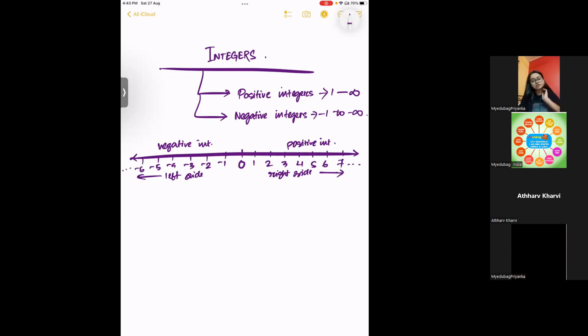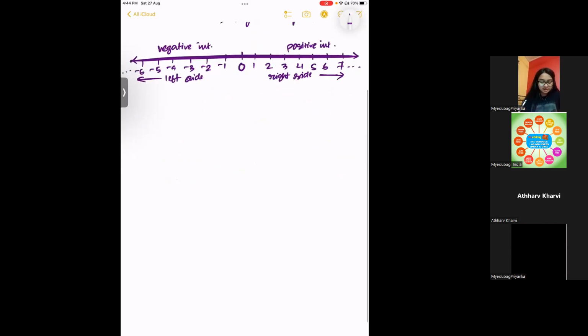Now positive integers we know, negative integers we know, but suppose I tell you a sentence like, a submarine is at a depth of 700 meter below the sea level.